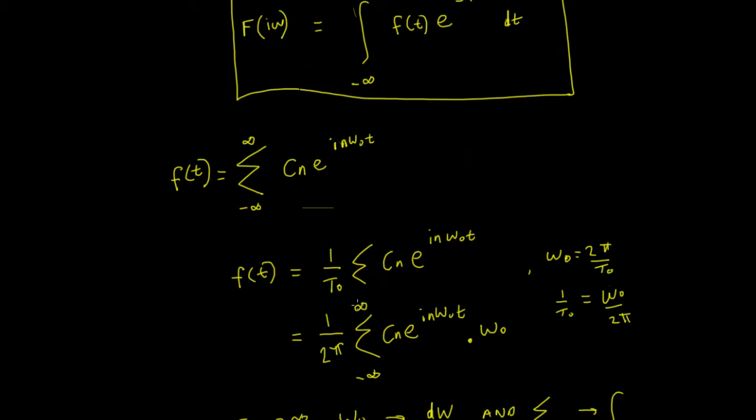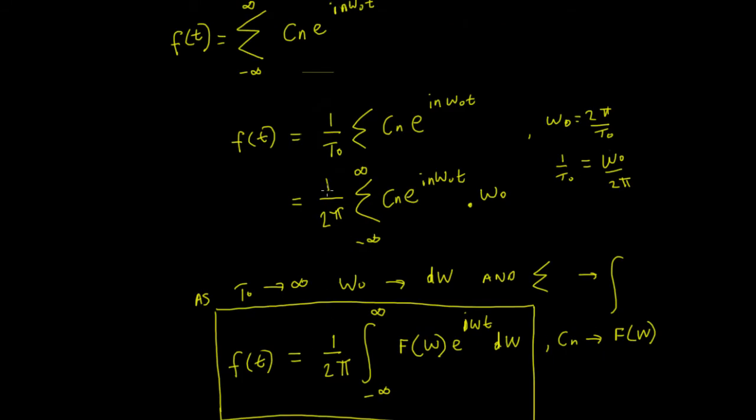But you can write t0 in this term here, because omega naught equals 2 pi upon t0, so the 1 upon t0 is omega naught upon 2 pi. So it means that you can then replace that t0 by 1 upon 2 pi, and then the omega naught here can come in as well. We'll just take an omega naught over here into the summation.